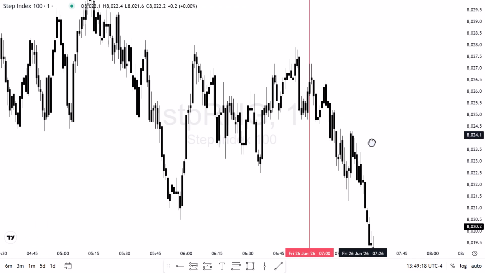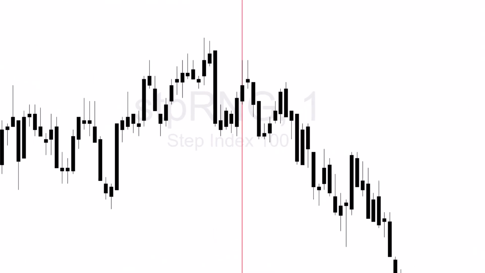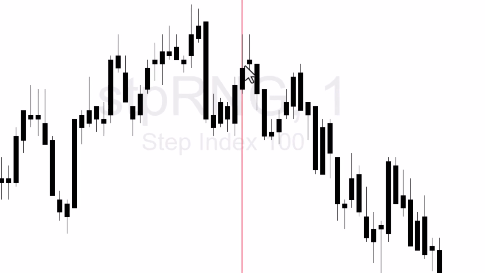Okay, let me zoom in a little bit so that you can see clearly the inefficiencies that are there in the New York session. So I'm taking it from this particular candlestick low, and we have this tiny fair value gap. But below it, we also have another fair value gap.